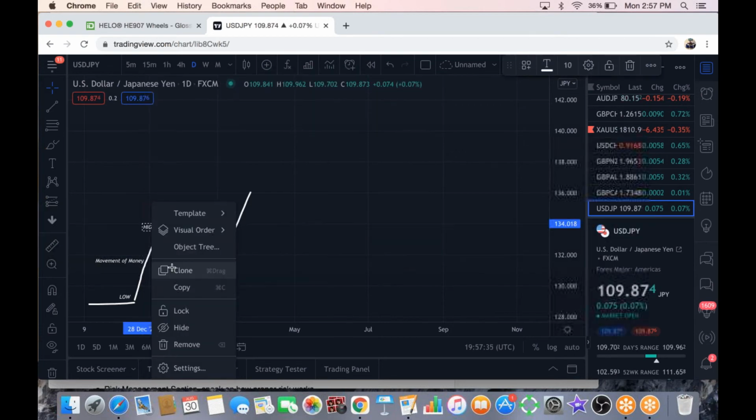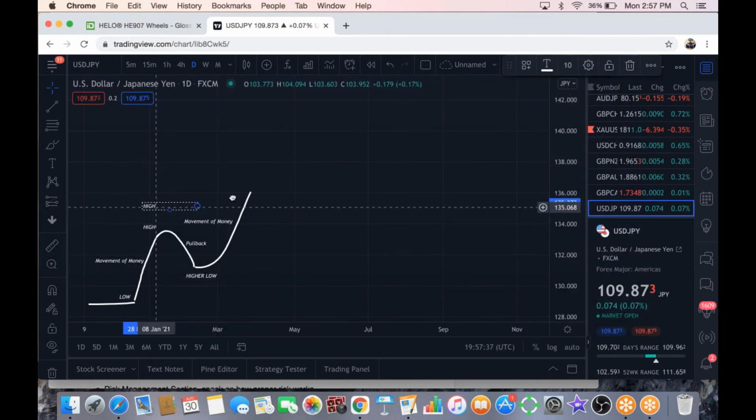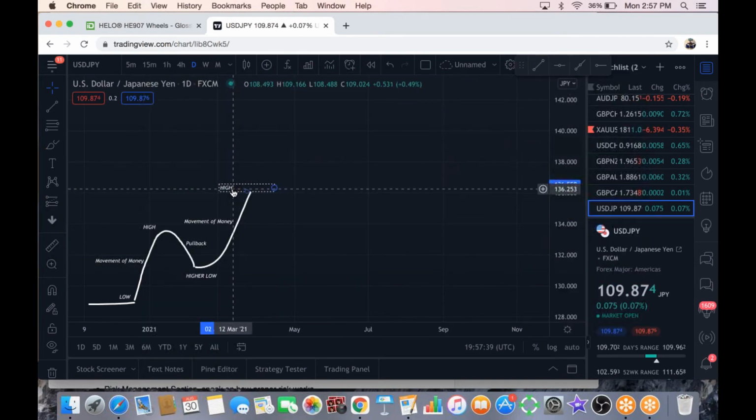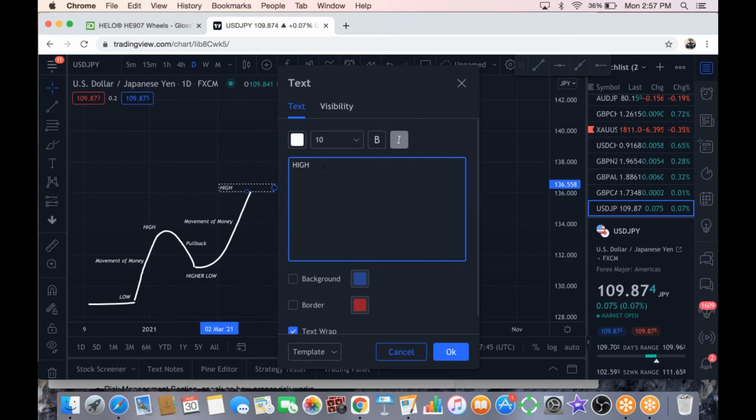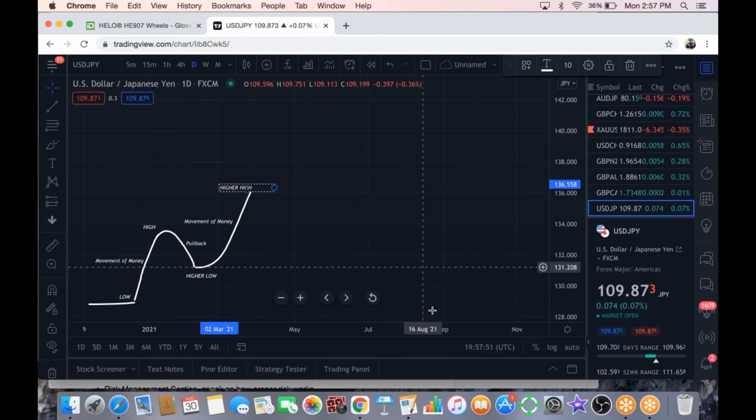So now that we know this is a higher high, the market has pushed to a higher high point. And this is exactly what a true uptrend looks like and what an identification of a trend looks like.